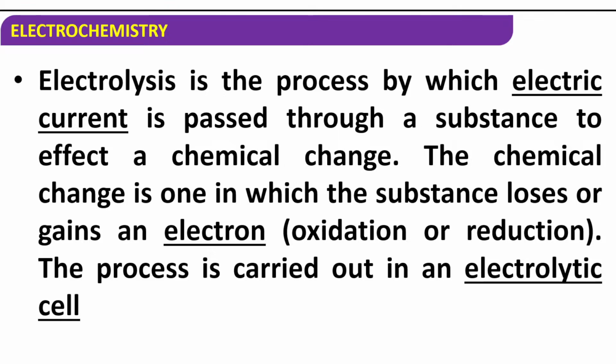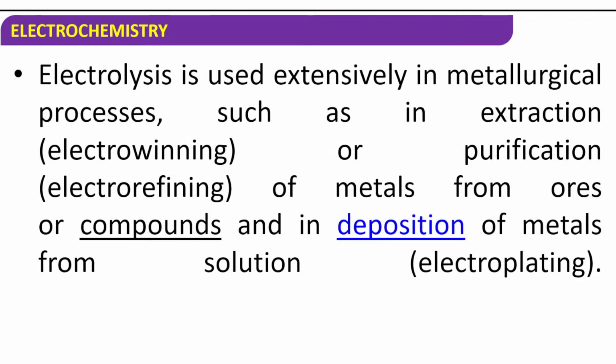Electrolysis is used in many processes like the extraction of metals from ores, which is called metallurgy. So electrolysis is used extensively in metallurgical processes, even in the purification of metals from the ores or compounds, or in the deposition of metals from a solution.